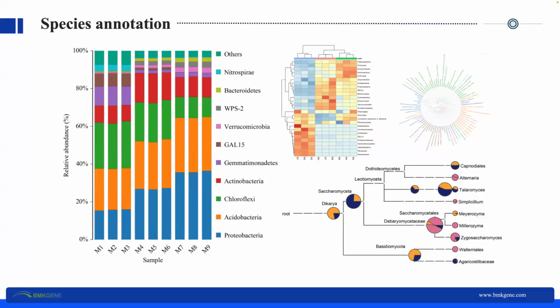After we get the species annotation results, we can do further visualization and evolution results, such as a heat map of species richness clustering, an evolution tree, or a species distribution bar plot. These images help you present your results better.